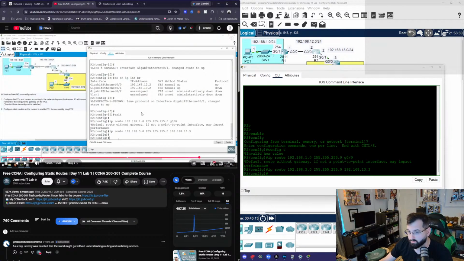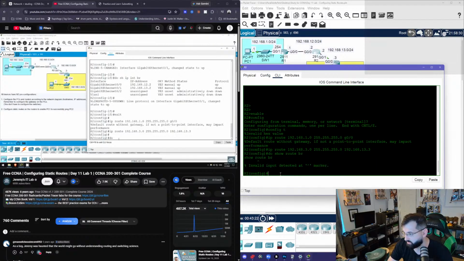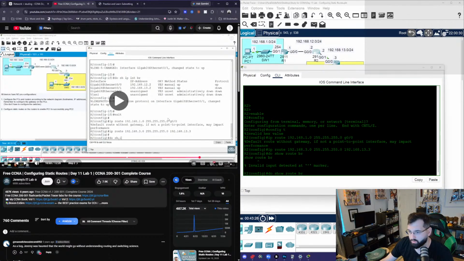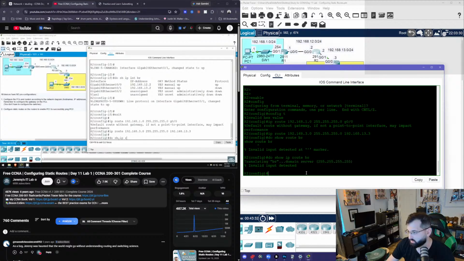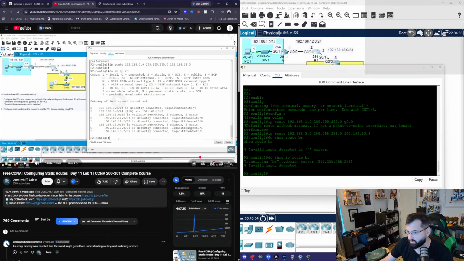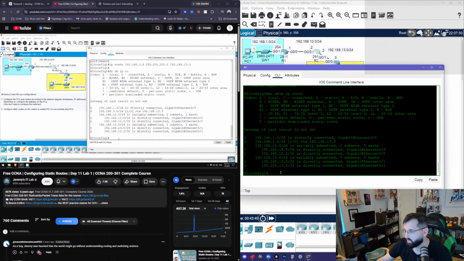Okay, let's check the routing table. I guess I could have done it and checked the routing table and then gone back and fixed it. Okay, do show IP route. Dang it. Okay.